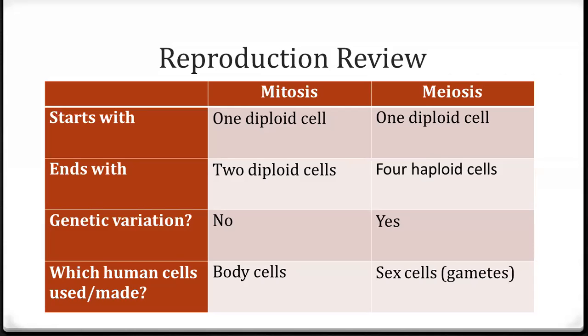So your body cells would have genetic info from mom and genetic info from dad. In meiosis, you start with a diploid cell, and then you make 4 haploid cells, which only have one copy. So there is genetic variation there because of crossing over, and this produces sex cells.